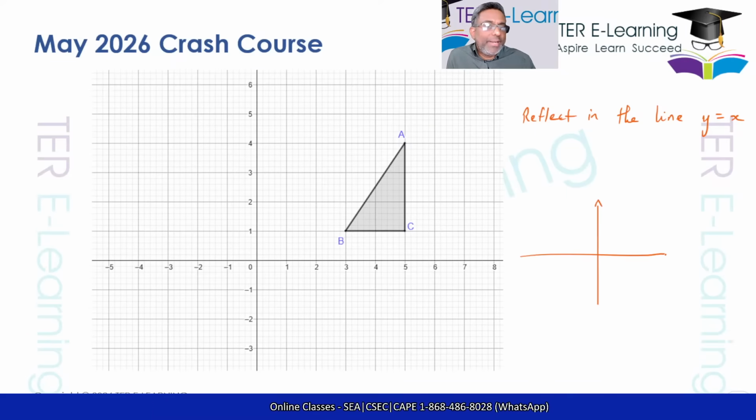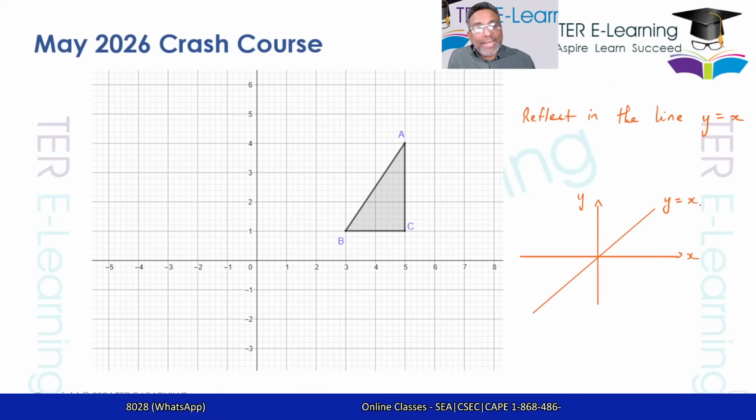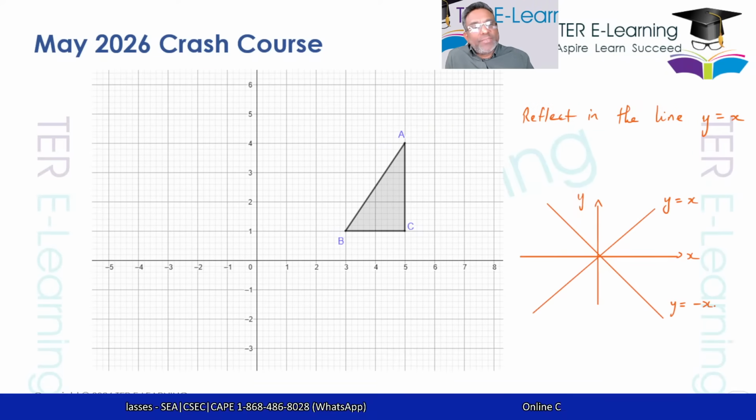So first of all, if I have x-axis, y-axis, this straight line here is the line y is equal to x. This line across here is the line y is equal to negative x. These are lines you need to be familiar with. Your x-axis is the line y is equal to 0, and your y-axis is the line x is equal to 0.